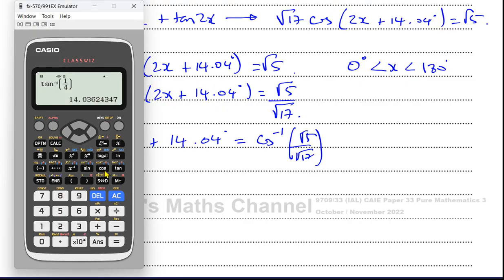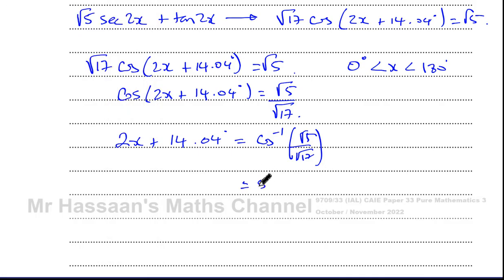So we've got inverse cosine of root 5 over root 17, root 5 divided by the square root of 17. And that will give us 57.1578. So that's going to be 57.1578 goes on.